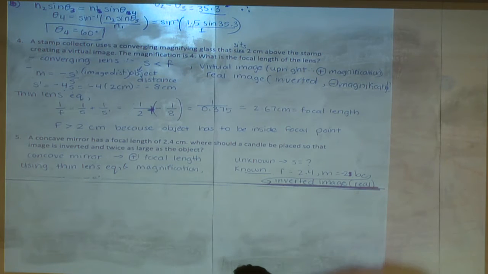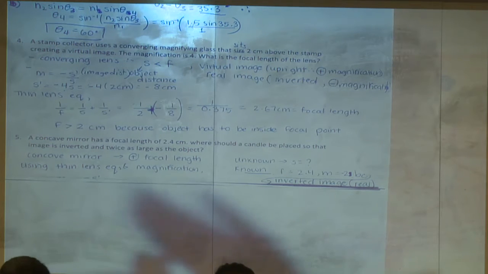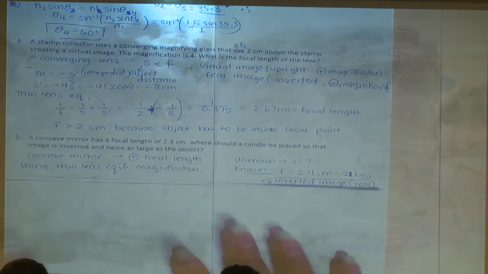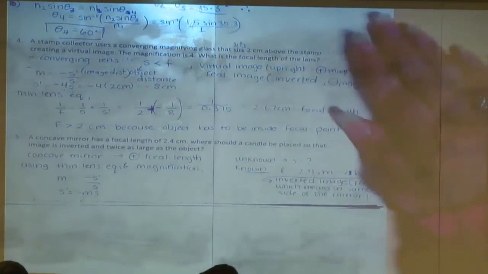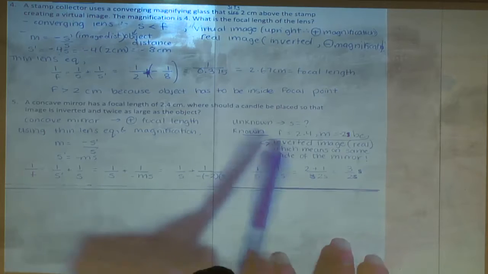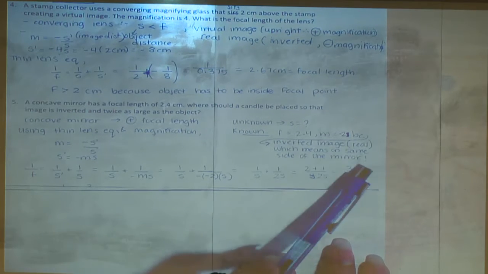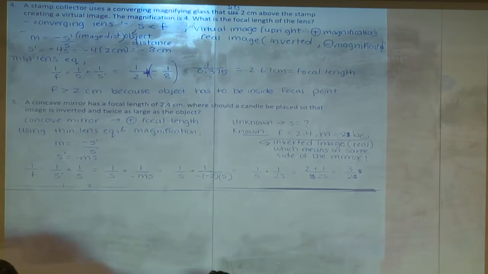So in this problem, we're going to be using two equations, and we're going to be using the magnification equation to substitute what we get for the image distance into our thin lens equation. So we're given the focal length again, we're given the magnification. It's -2 because inverted image, and inverted image is going to be on the same side of the mirror. It's real, therefore it's on the same side of the mirror, but it's inverted.